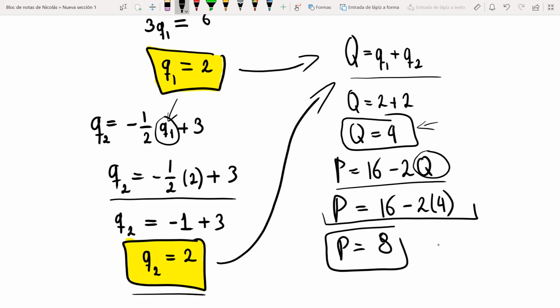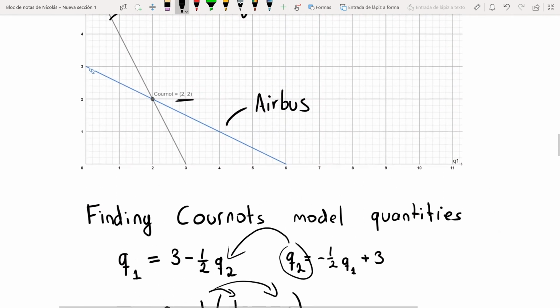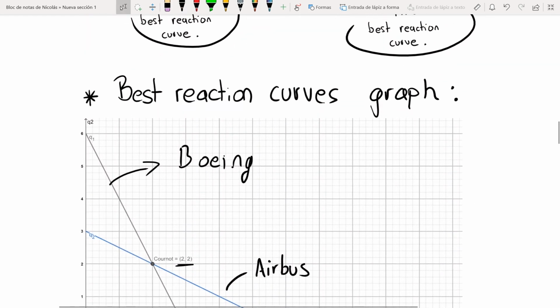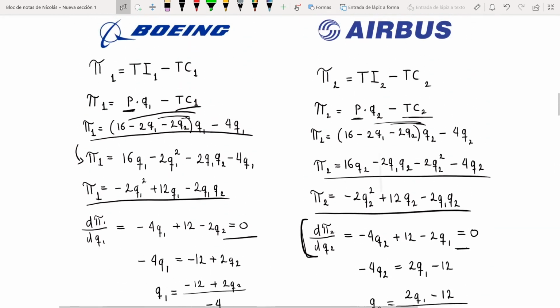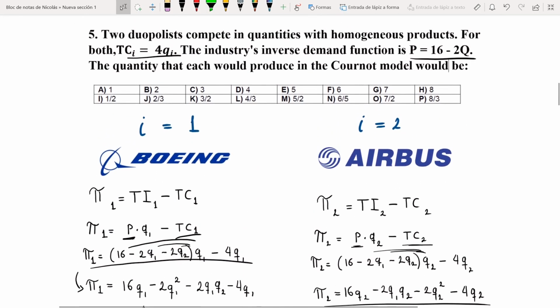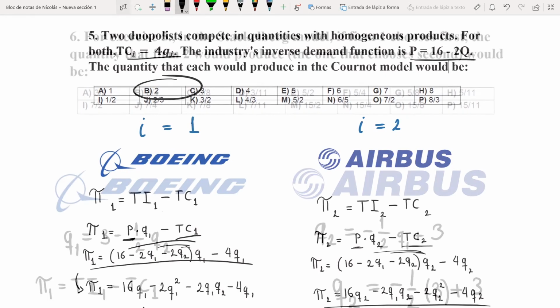So 16 minus 8 is equal to 8. This will be really useful when we graph the situation of the market. So now that we know that quantity 1 and quantity 2 are both 2, or 200 airplanes, we can conclude that the answer for the question is 2, or B.